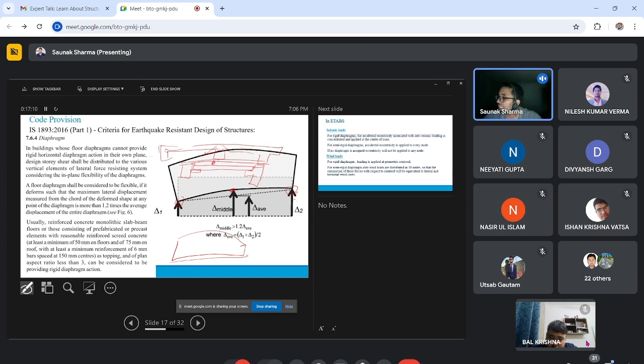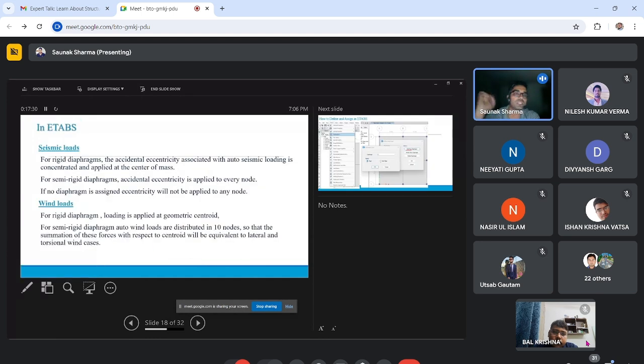This topping should be at least 50 mm, and 75 mm for roof, and the 6 mm rebar mesh should be placed at 150 mm center to center. In that case, we can use a rigid diaphragm. Otherwise, we need to apply a semi-rigid diaphragm.